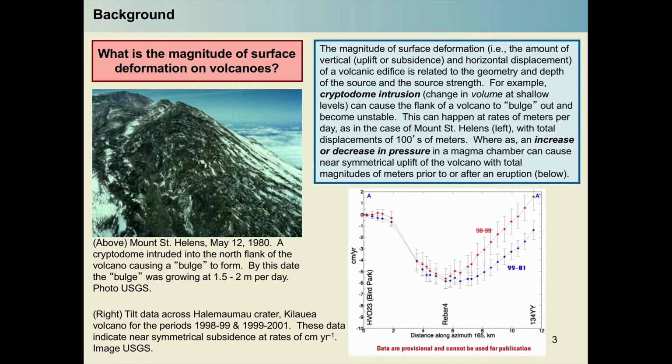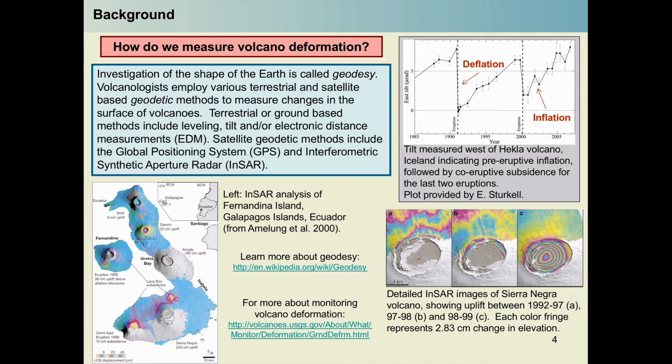From distance outward along the volcano, you can see that subsidence is on the order of 6 centimeters, and then comes back up again when the volcano refills with magma. And there's the bulge.